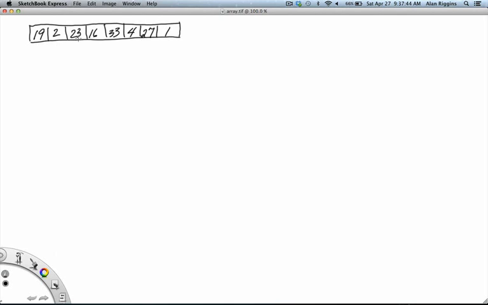And so you do something like this. You have a variable best so far, and you set it to the first element in the array, 19, and it's at index 0. Is the 2 any better? No.